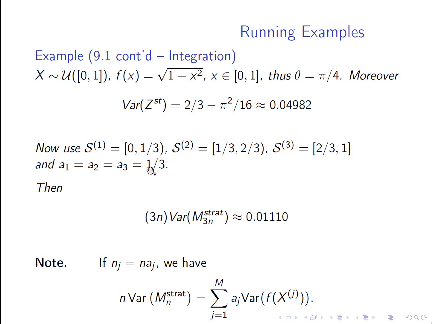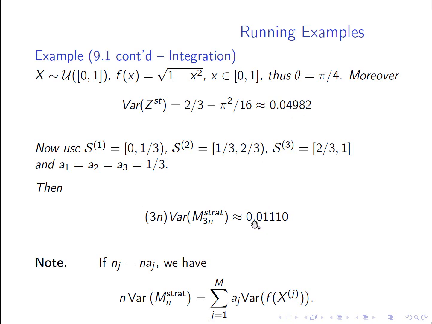Okay, and then if we look at the variance of the stratified estimator, for simplicity I always use 3n repetitions, because 3n is easily divisible by 3. If I multiply 3n with the variance of the stratified estimator, then we get a good reduction of the variance.